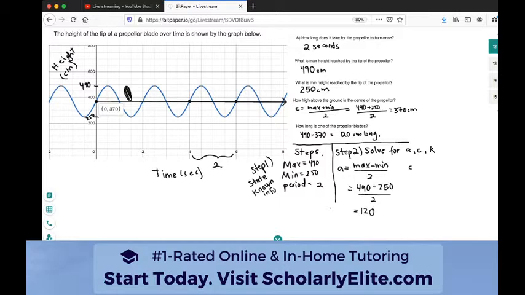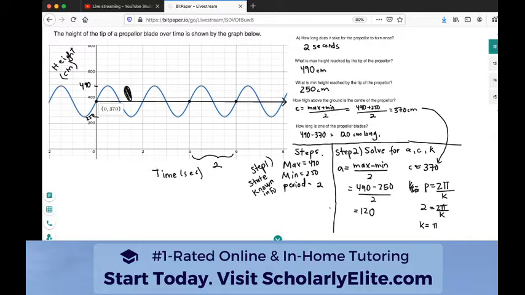And then the C term we already have up here, so I won't solve that again. It's just 370. And then the k term is going to be, actually we should write it like this. The period is 2 pi over k, and the period in this case is 2, so we know that k is going to be pi.